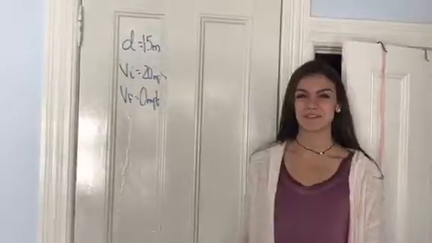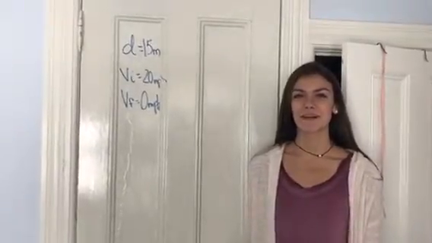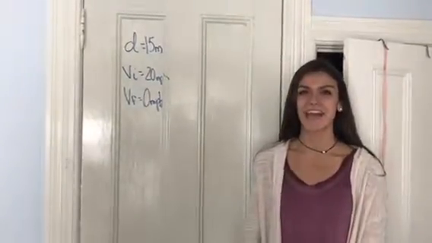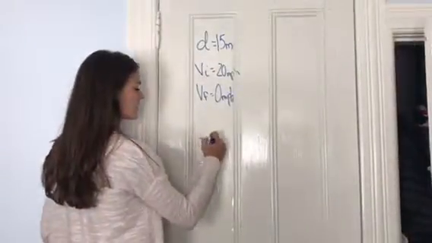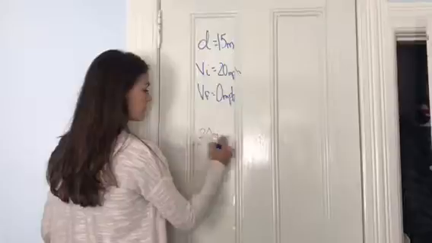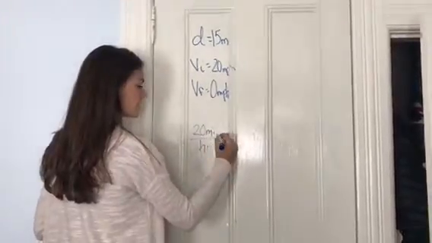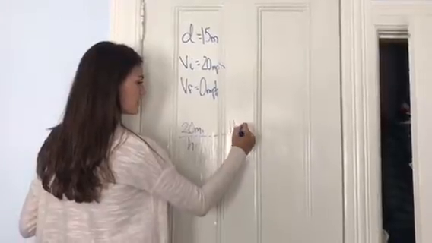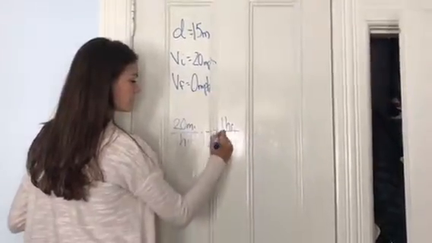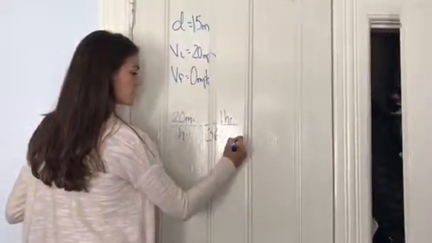In physics, we use the metric system, so we have to convert miles per hour to meters per second. And we do this by using dimensional analysis. First, we're going to start out with 20 miles per 1 hour. Then we're going to multiply it, put 1 hour on top, 3,600 seconds.